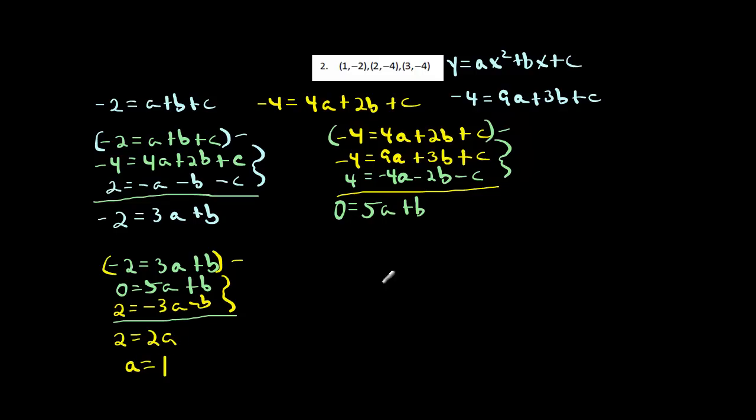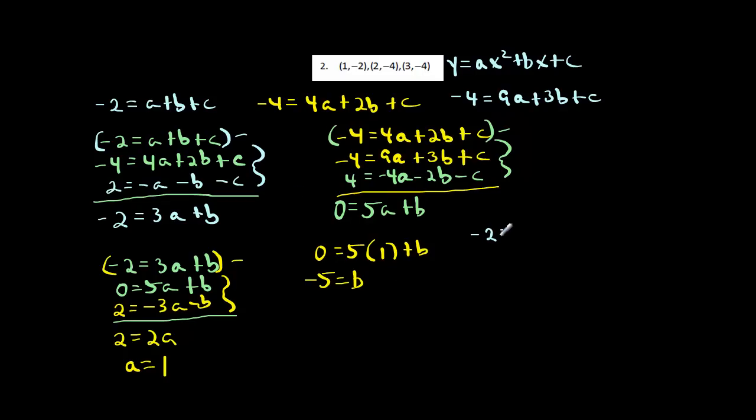Therefore, a is 1. If a is 1, we can stick it into one of these two. I'll put it in the second one. So this is 5, so we subtract 5 from both sides. That gives you b. Now let's put a and b into the top left equation.